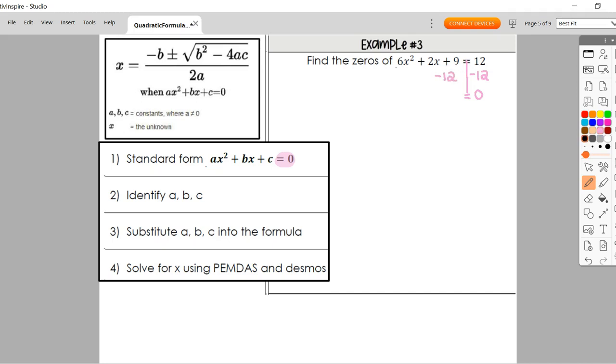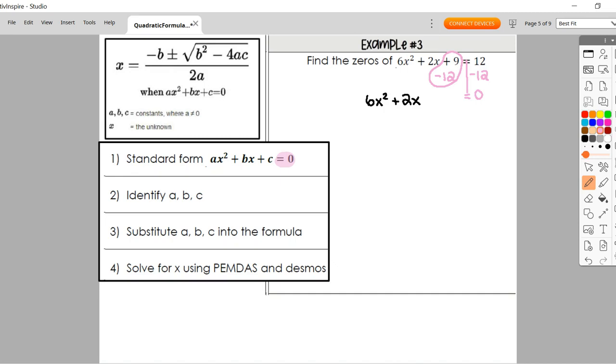Now I'm going to make sure it's in standard form, so my x squared term is going to go first, 6x squared. My x term is going to go next, so that's going to be 2x. And when I do my c here, I see that I have a 9 that I must combine with my other number that I moved over to that side, negative 12.